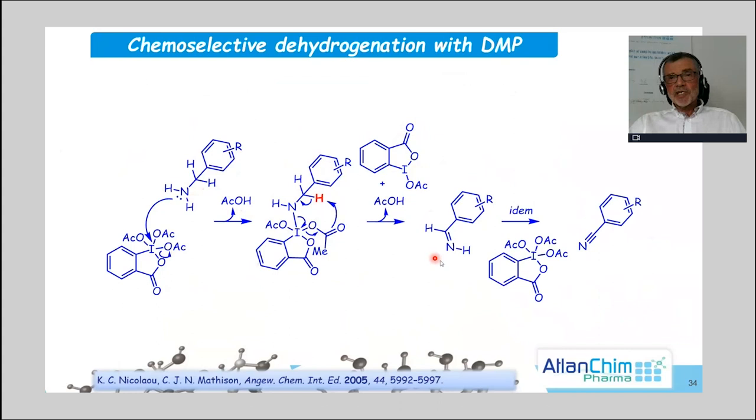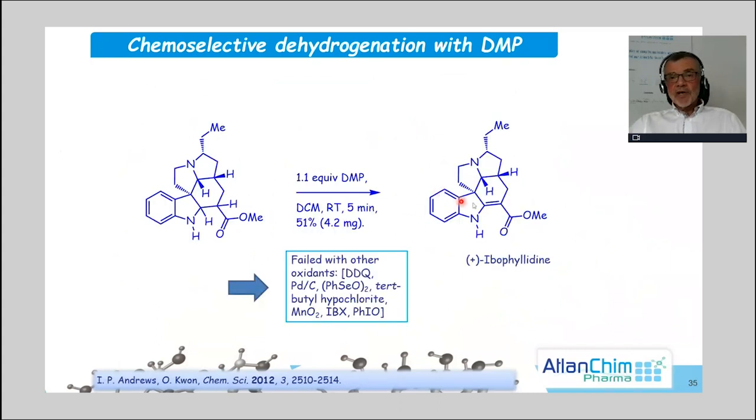This dehydrogenation process gives the iminium, which is oxidized a second time by Dess-Martin's reagent according to the same mechanism to form the nitrile function here.